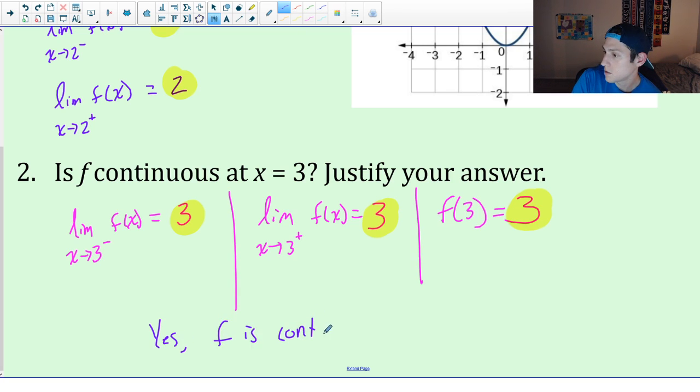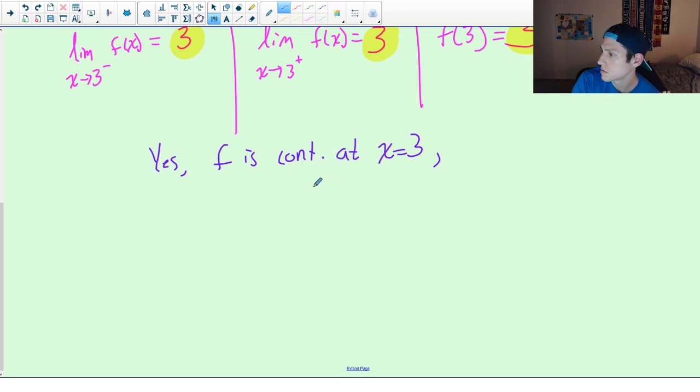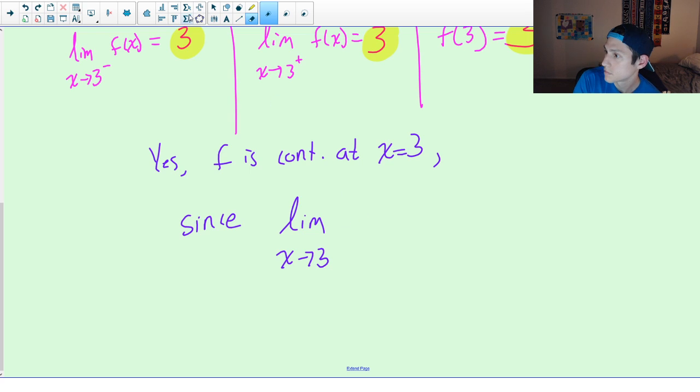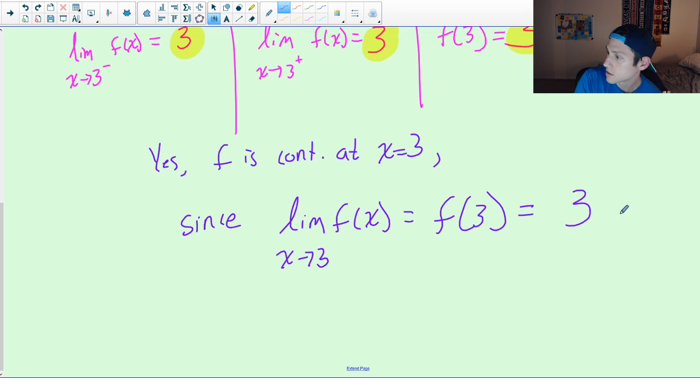F is continuous at x equals 3. Since the limit equals the value of the function, since they both equal 3.